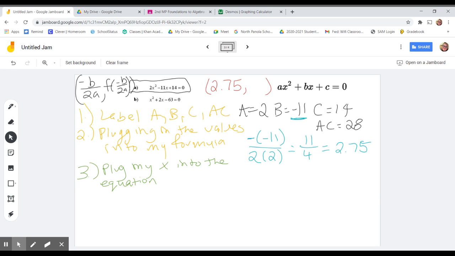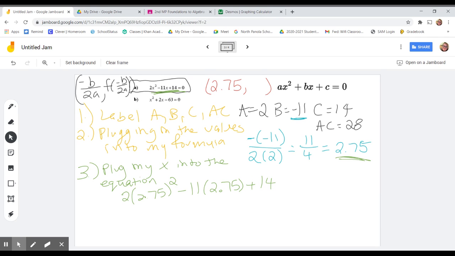I'll do this one in green. I'm going to plug this 2.75 back into this equation. So I'm going to have 2 times 2.75 squared minus 11 times 2.75 plus 14.